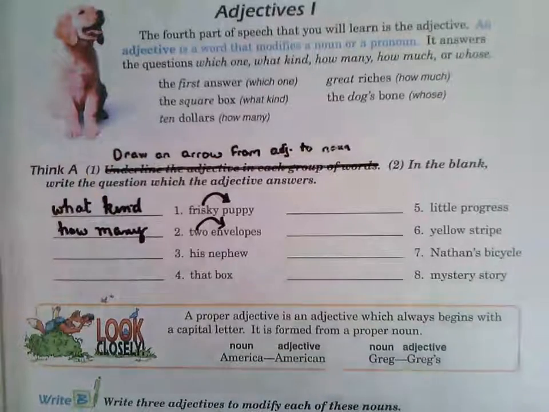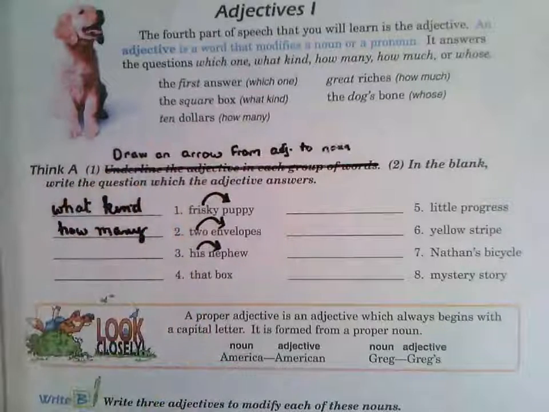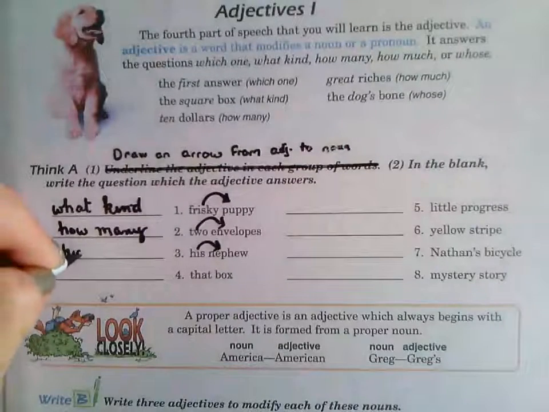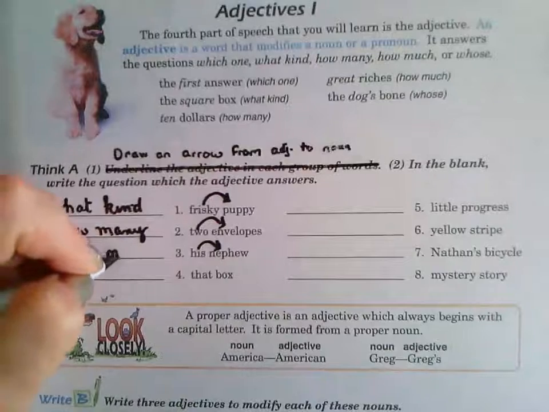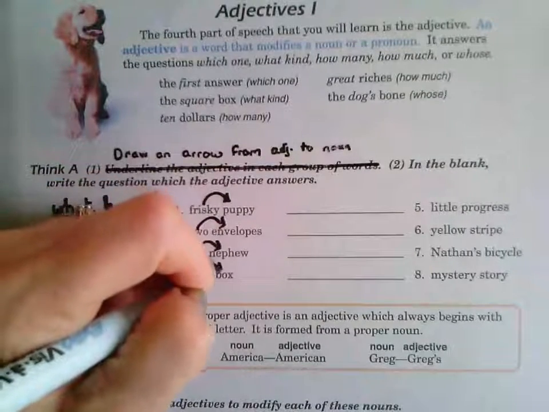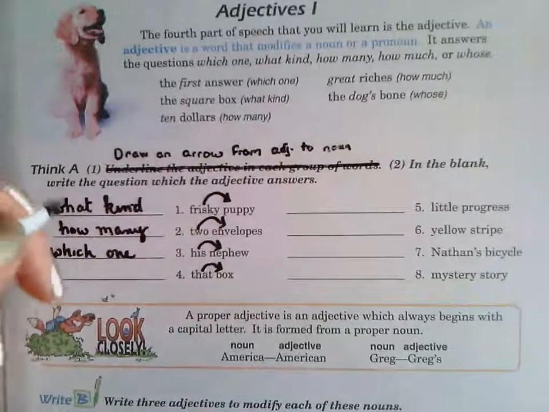His nephew. Draw an arrow from his, describes nephew. Which one, what kind, how many, how much, whose? Which one? Yeah, which one? That box. That describes box. Which one? Oh, you know what?